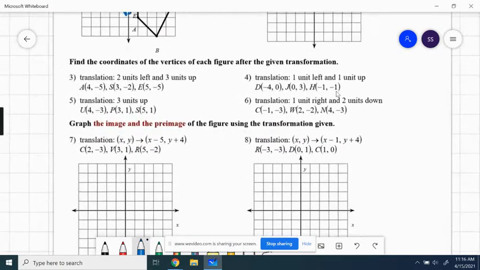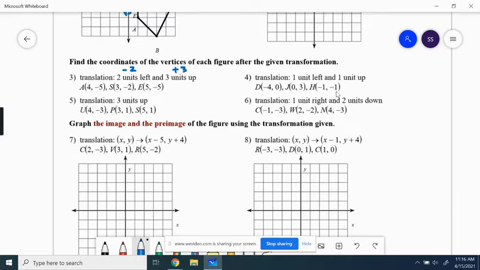All right. Find the coordinates of the vertices of each figure. Okay, so we're just looking at the points here. So for 3 through 6, the translation is 2 units left, so that's like -2, and 3 units up, that's +3 in terms of y.